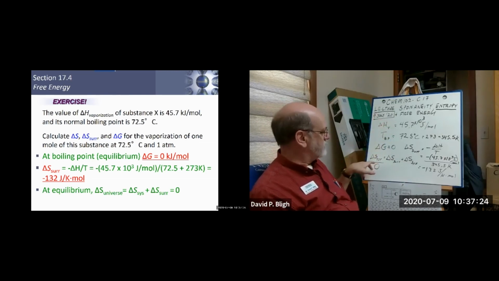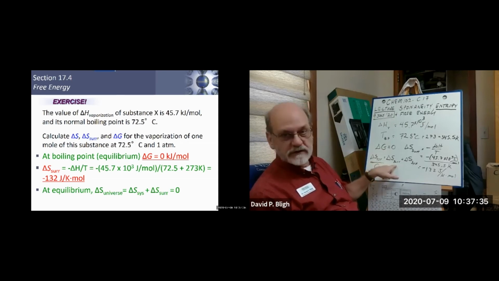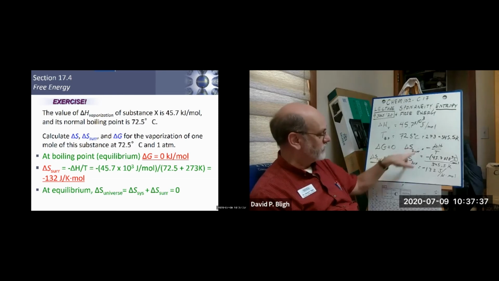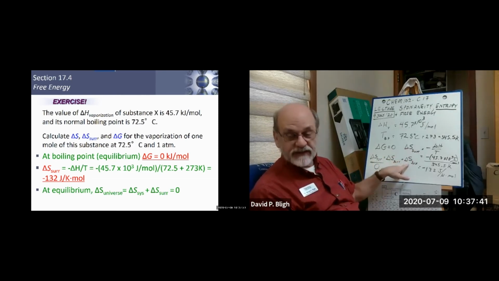So if delta S total is 0 at equilibrium, then any value we calculate for delta S surroundings using that formula, we just change the sign, and that's delta S for the system as well.